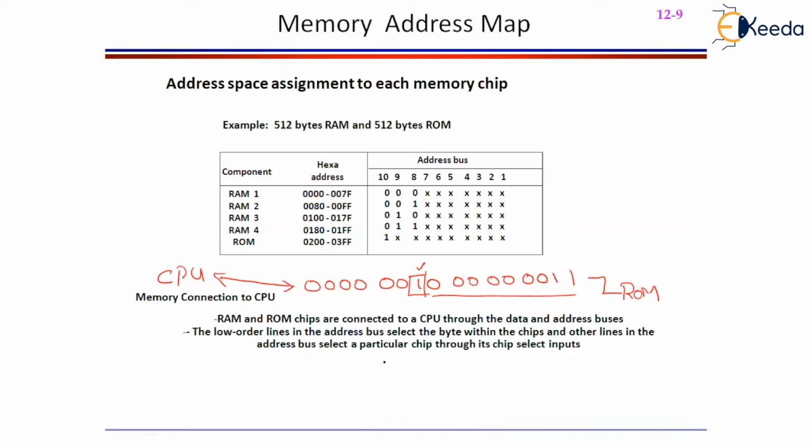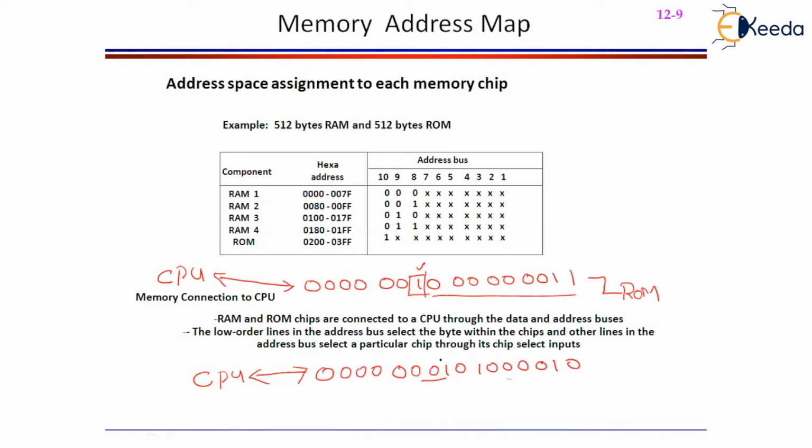Okay, now I'm going to give you one more address. This is another 16-digit address. Again, the CPU wants to communicate with one of the RAMs or ROM, and we need to find which one this address falls under. If you want to identify the module this address is referencing, you need to find the 10th digit again: 1, 2, 3, 4, 5, 6, 7, 8, 9, 10.